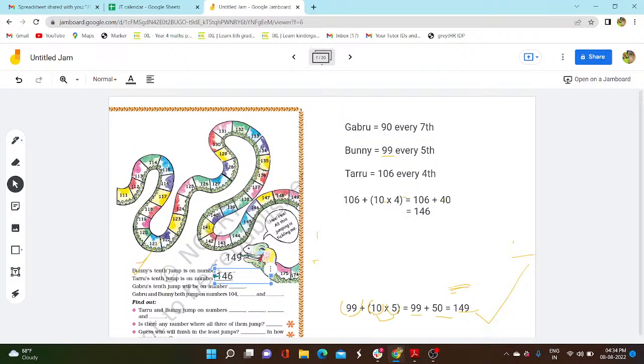Now let's move on to the last one, Gabru. Gabru is taking jumps of 7 and he has started from the number 90. So again we have to calculate Gabru's 10th jump. So again we would use the same formula.